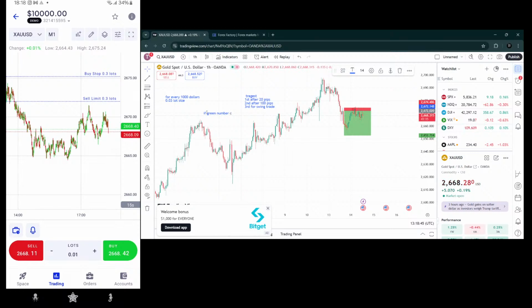If red comes, you take buy, and if green comes, go for sell.